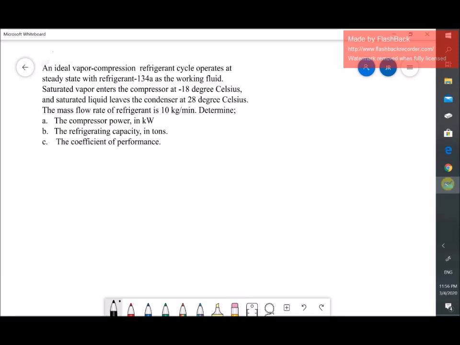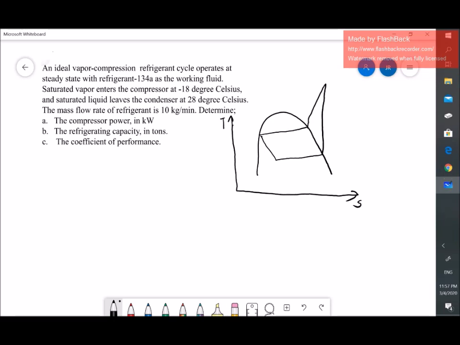so the first thing is to represent this information on a TS diagram. Draw a TS diagram. All right, this is point 1, point 2, 3, and 4.